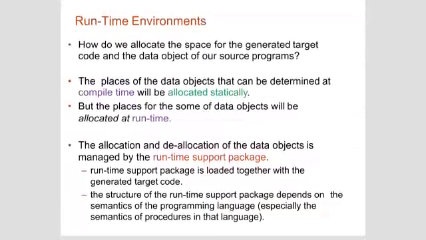Heap allocation is the best example of memory management. We will discuss these things in upcoming lectures. The allocation and deallocation of the data objects is managed by the runtime support package. The runtime support package is loaded together with the generated target code. The structure of the runtime support package depends on the semantics of the programming language.